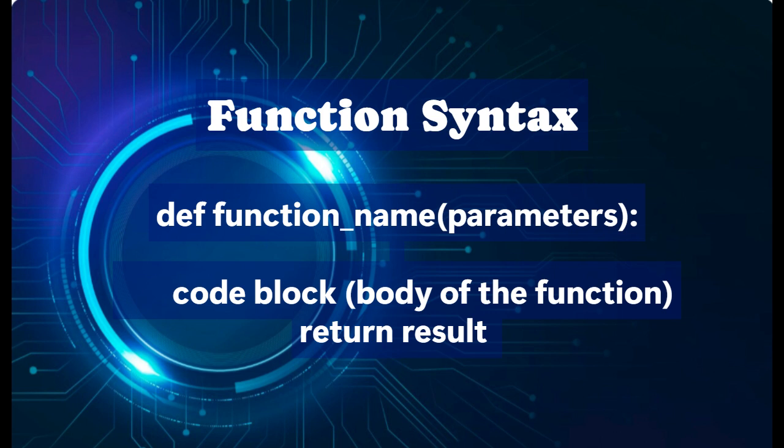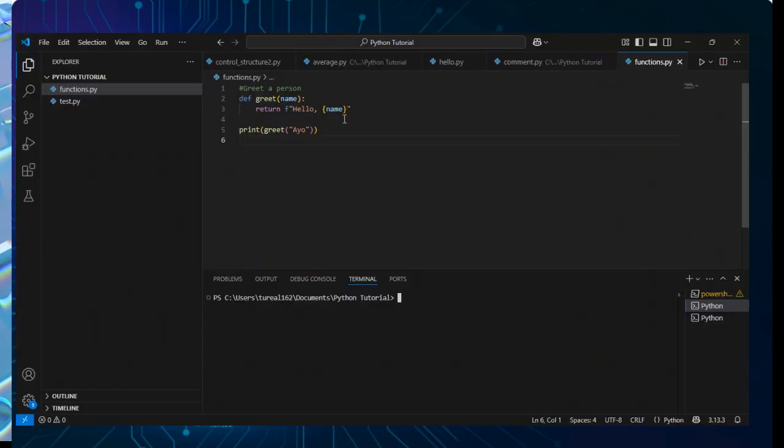Code block simply means the set of instructions that will be contained within the function. Those set of tasks that you want the function to perform, you include it there. Then if you want the function to return a result, or to return a particular output, then you put it in the return section. So let's have a simple look at a simple example.